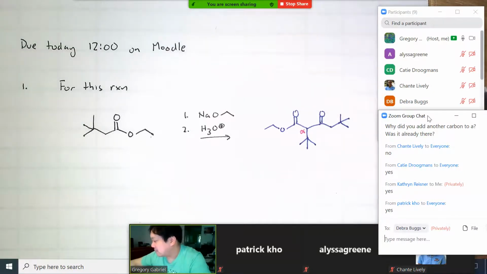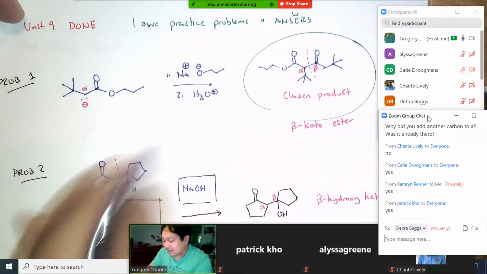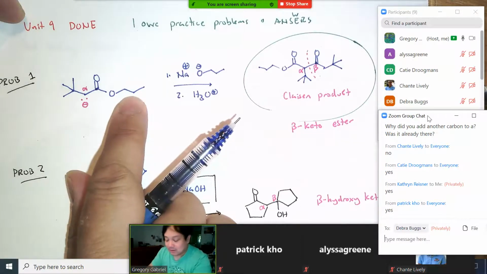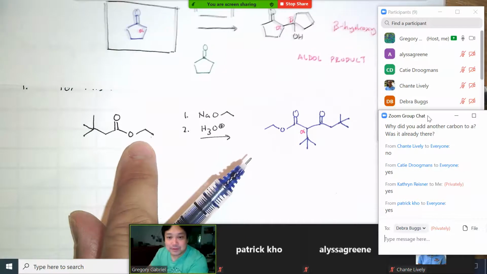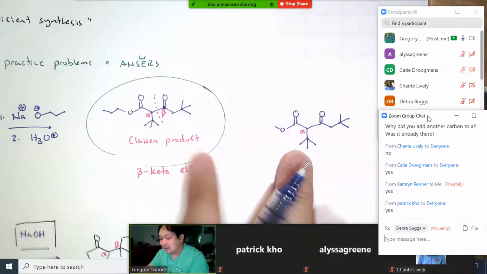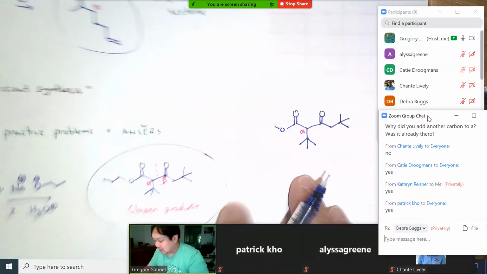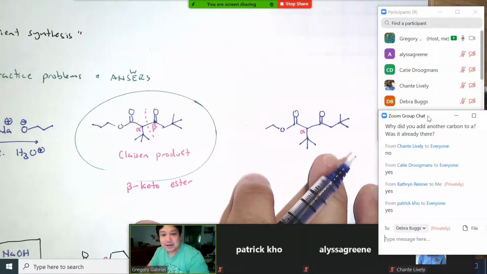It's actually the same action here, except that instead of a propyl group, I have an alpha group. No big deal. Compared to the two products, they're almost identical.